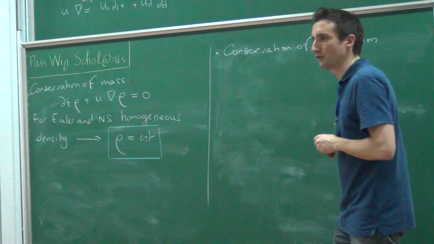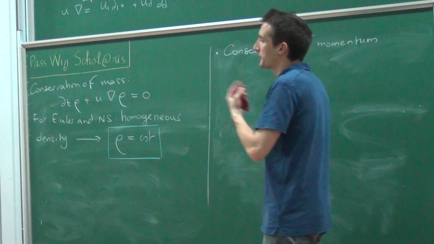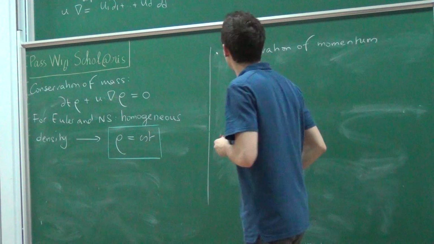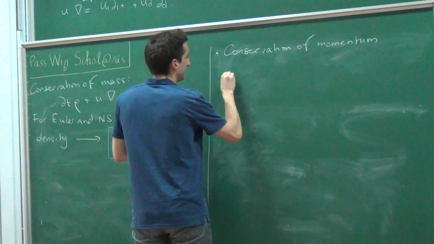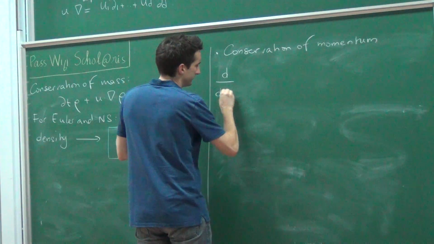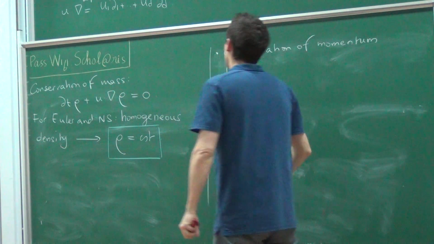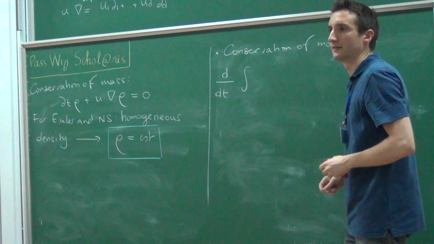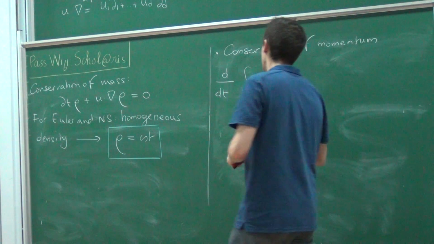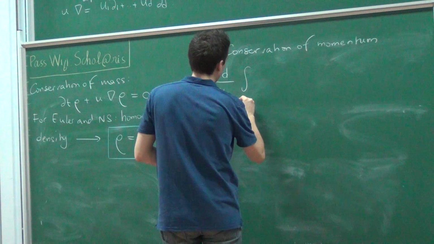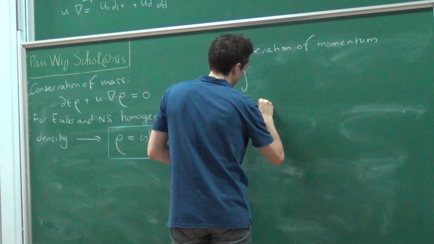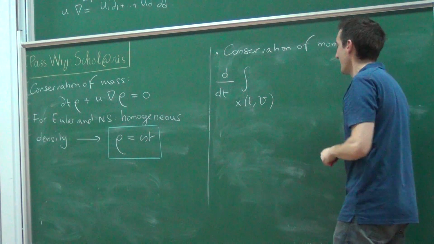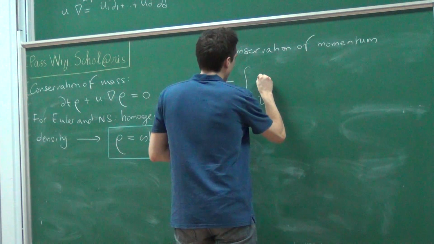Okay, so the conservation of momentum now. Again, I start from my arbitrary volume, V, and I will say that the variation of momentum inside the volume is d over dt of the integral over my transported volume, X of t and V. And what is momentum?